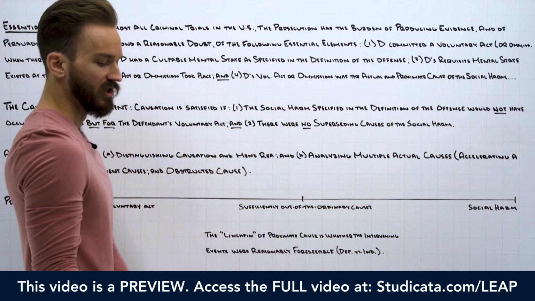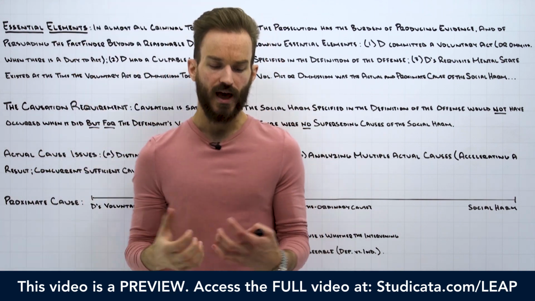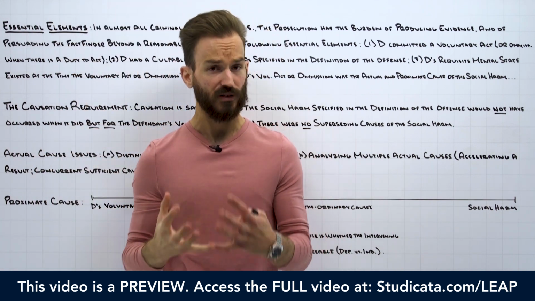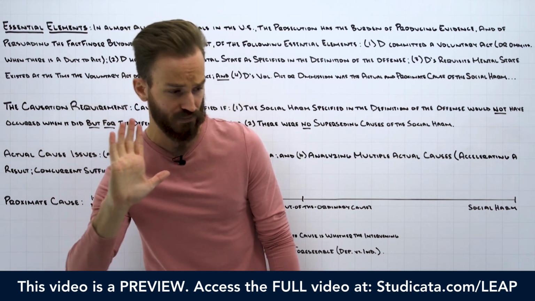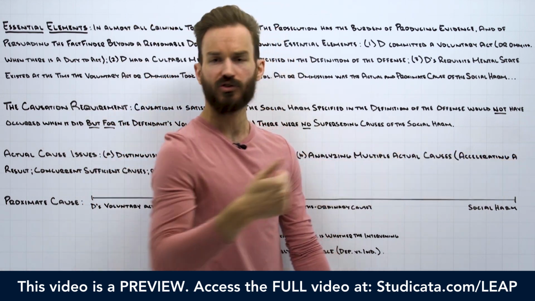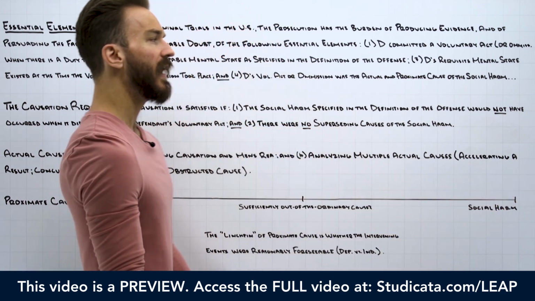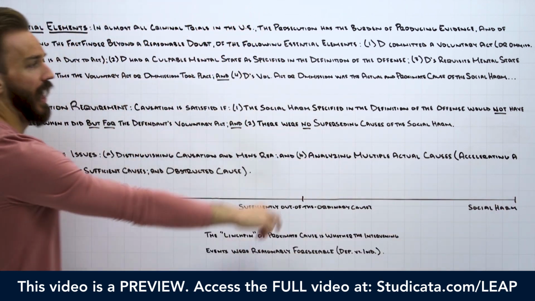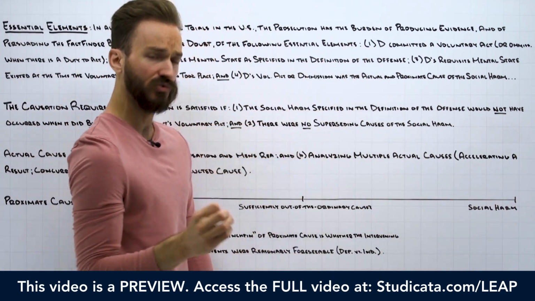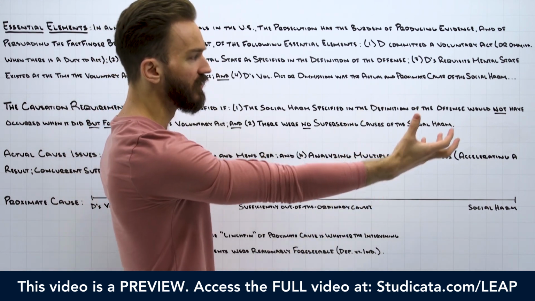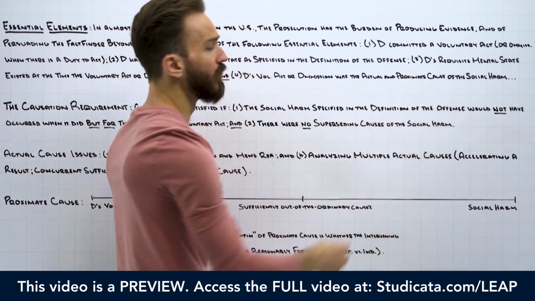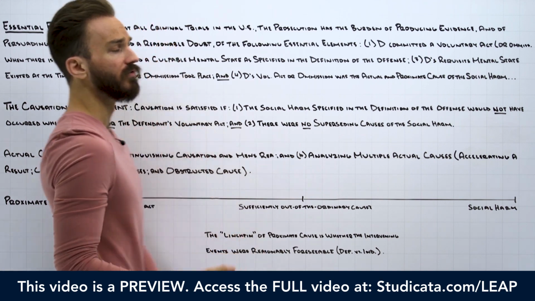We can clearly see how she pulls the trigger. That's her voluntary act. The bullet comes out of the gun, enters the victim's body, and he dies immediately. It's very easy to trace element number one, the actus reus requirement, the defendant's voluntary act, to the social harm, the death of our victim.